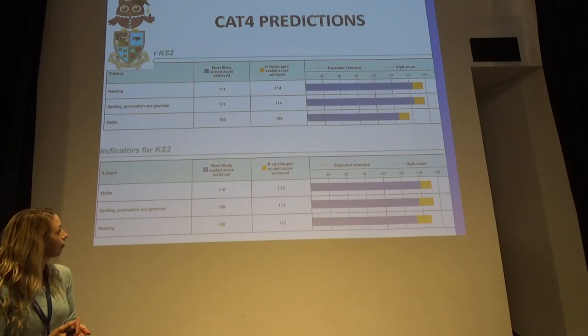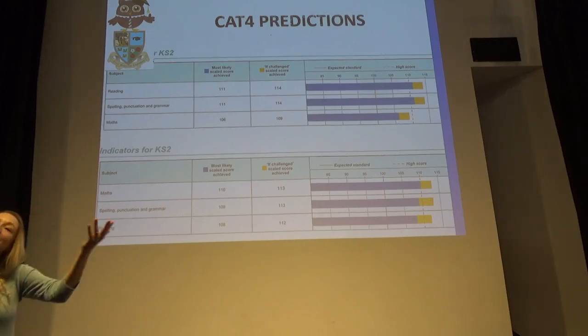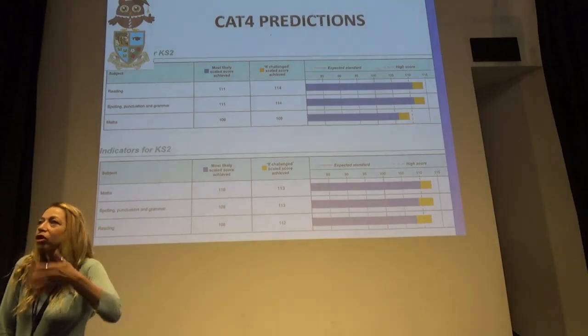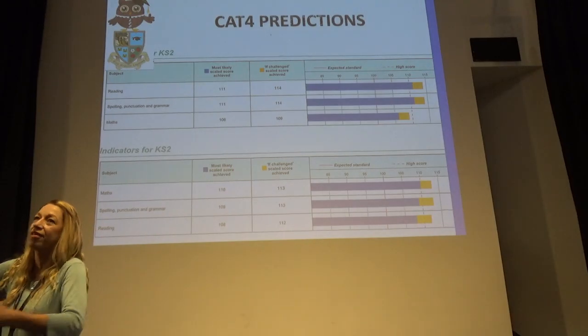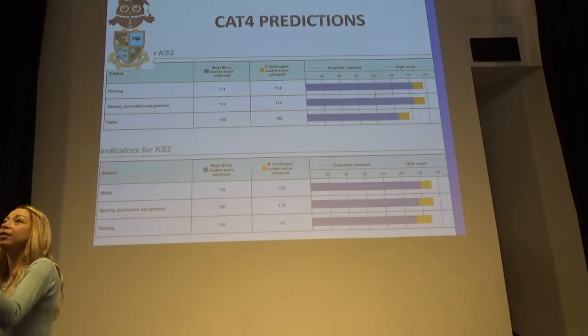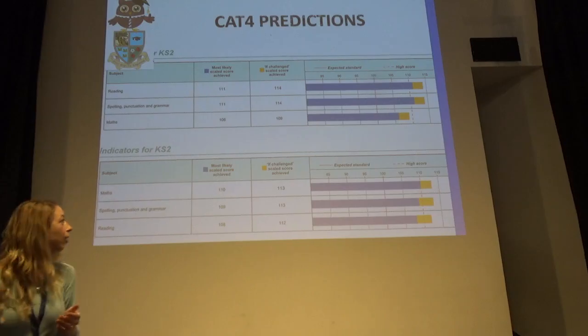So it's not quite as useful, but it does give you an indicator of the end of Key Stage 2. The ones for secondary are more useful because it gives you expected grades. If they're going to get a 9 or a 5 or a 3 in their maths IGCSE, it will tell you what the predicted grades are there.